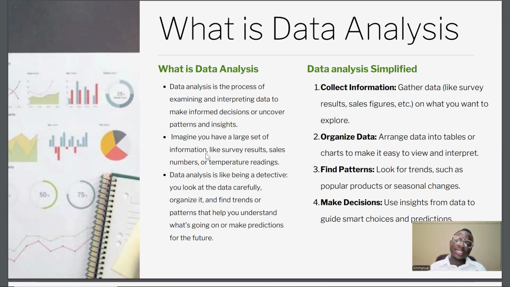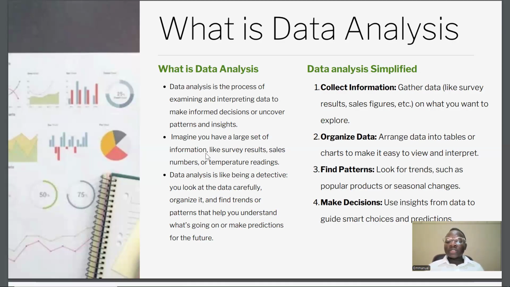So there are several steps or procedures that are followed in data analysis. The first step is data collection or collection of information. The second one is organized data, where data is organized or tabulated in tables and charts for easy viewing or easy interpretation.